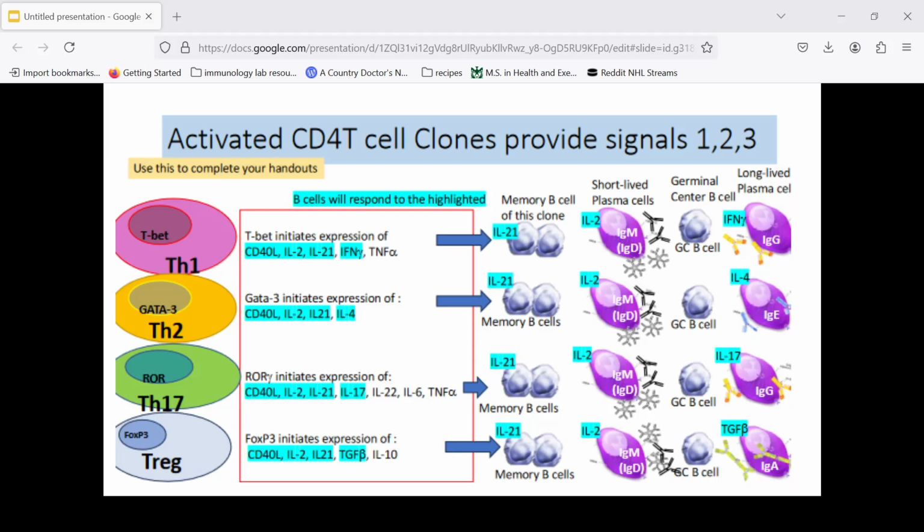They will provide signal 1, which is MHC1 and CD8 T cells interfacing. Let me write this out. So we've got our dendritic cells, signal 1, which is MHC1 plus our CD8 TCR.